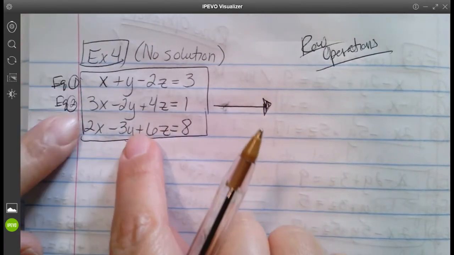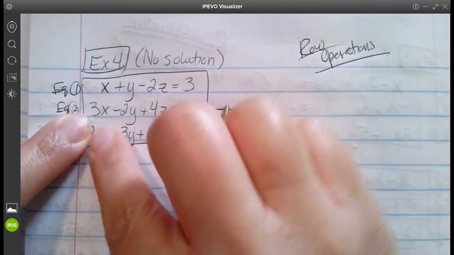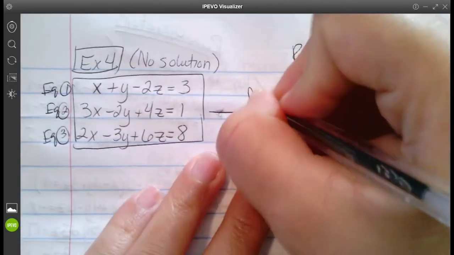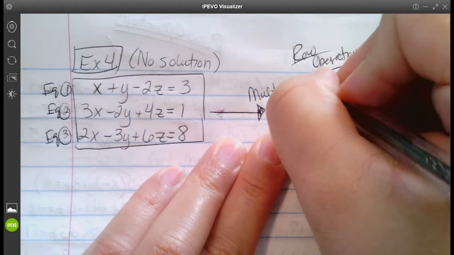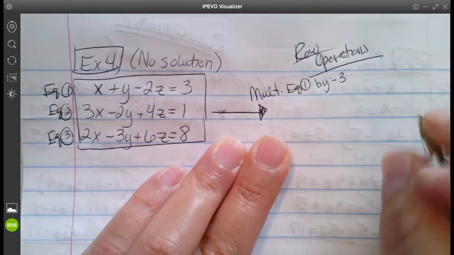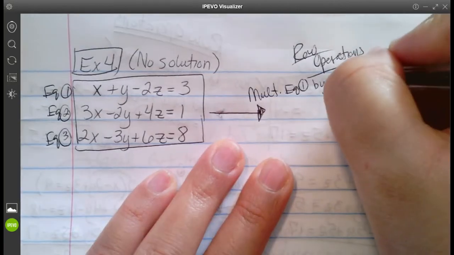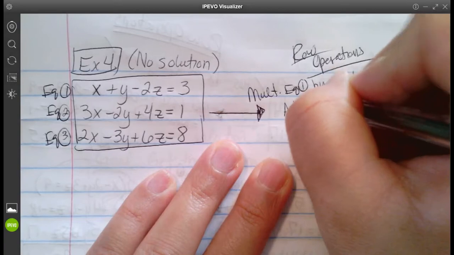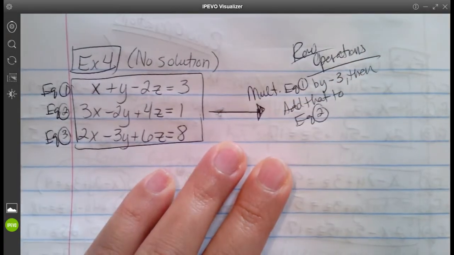For the second equation, I have to get rid of that 3x. So to get rid of 3x, we do negative 3x. Let me multiply equation 1 by negative 3, because that's what I have to do to get rid of this guy, then add that to equation 2.